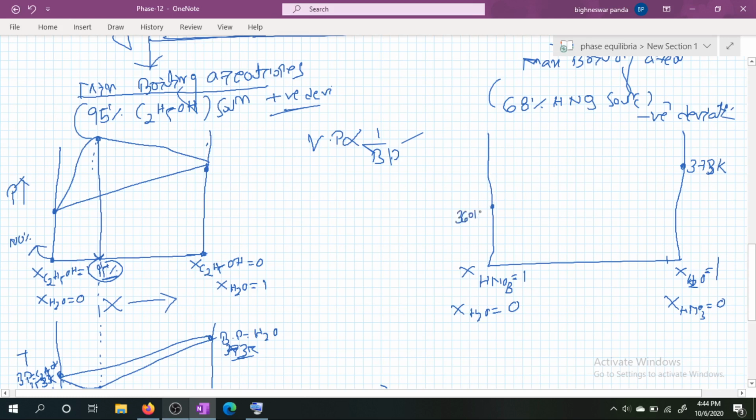Since the solution shows negative deviation at 68% composition, that means 68% HNO3, they have less vapor pressure.